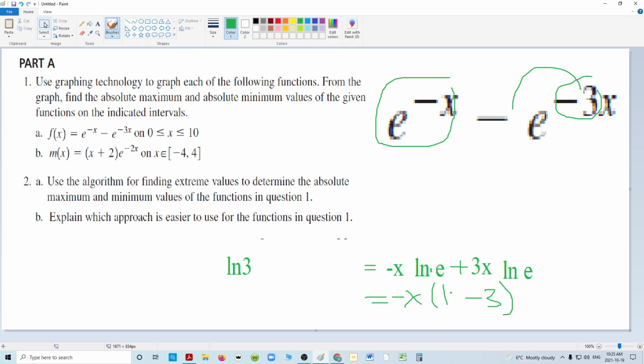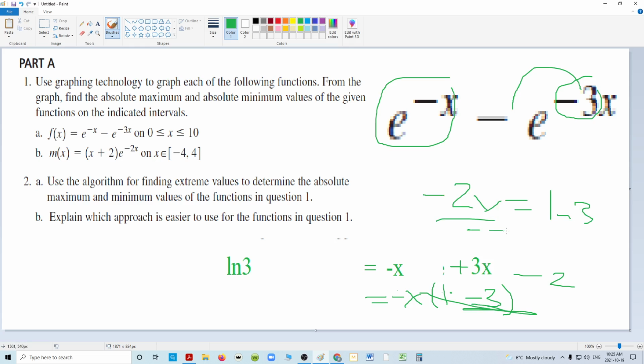And actually, I could have converted the ln e's sooner. Like, if I just do it like that, it's more obvious. And 1 minus 3 is minus 2. And so now I have minus 2x is equal to ln 3. And when I divide by minus 2 on both sides, I will get my x value.